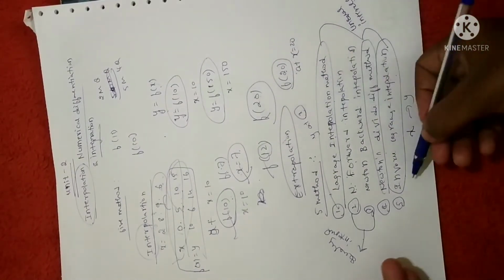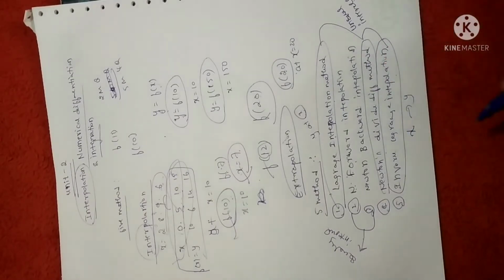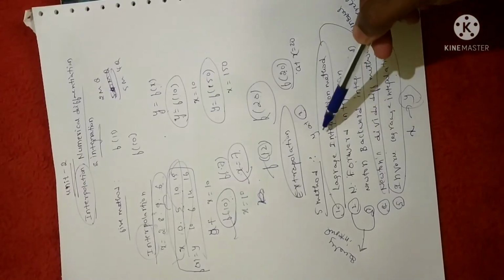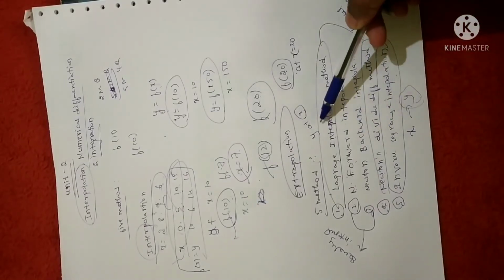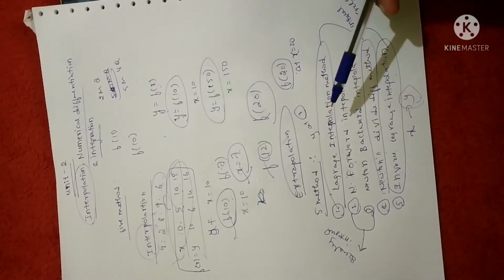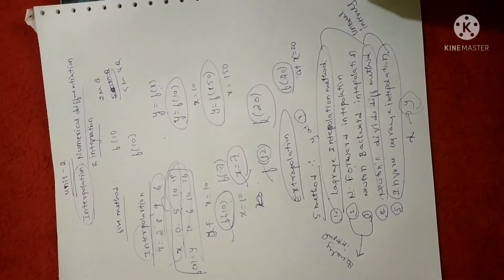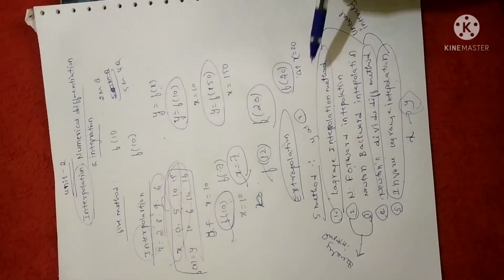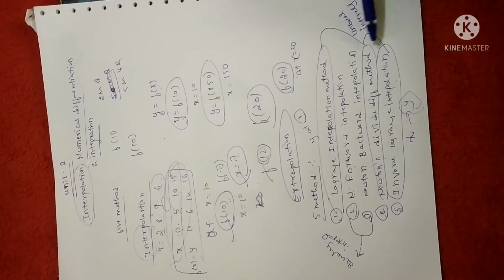It is just a reverse. So inverse, as the name itself suggests, we are going to find the value of x at particular values of y. In all the first 4 methods, we are going to find the value of y at given x values.